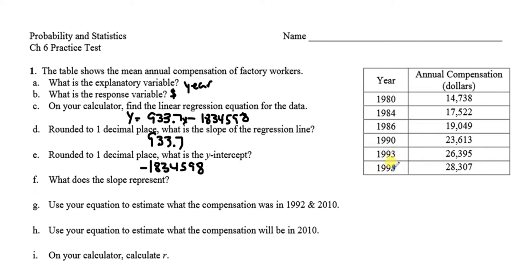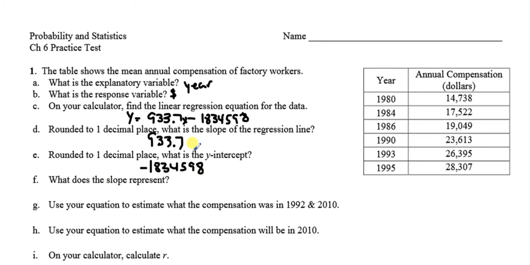It might be able to predict what the wages are going to be in the year 2000, and it'll be really good to estimate the annual compensation in 1987 or 1988 within the range of this data. But at year 0, that's what the y-intercept is, where x is equal to 0. So that'd be year 0, which of course doesn't make much sense when we're talking about wages.